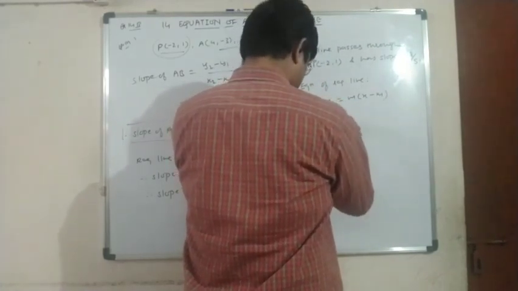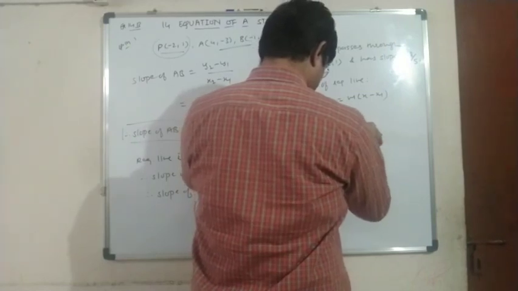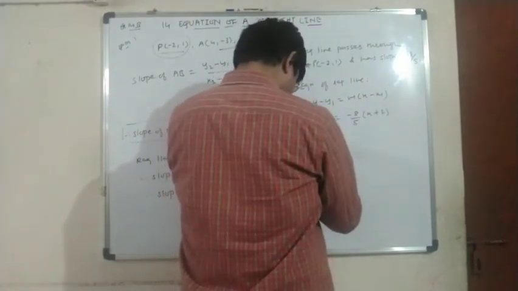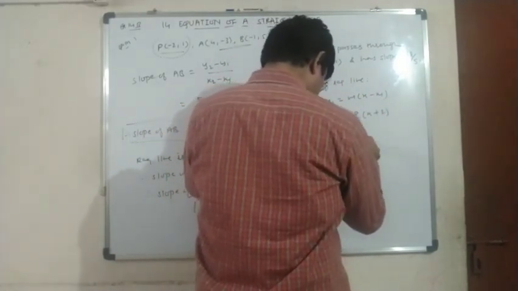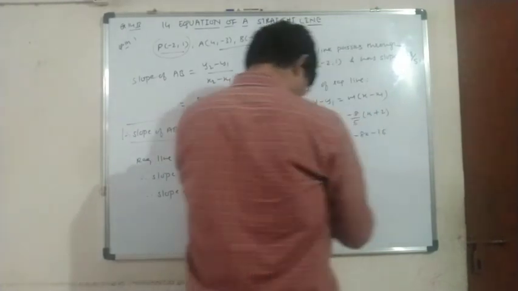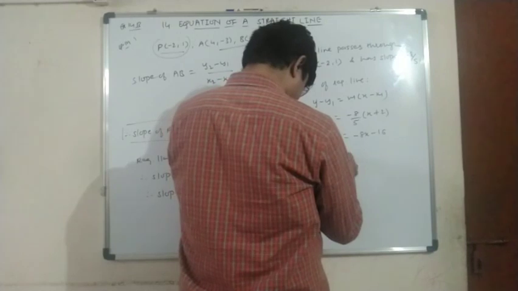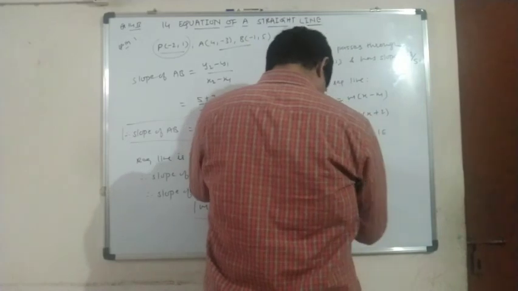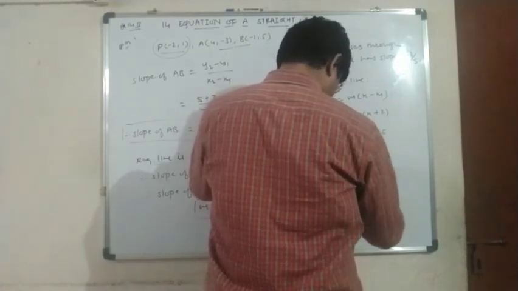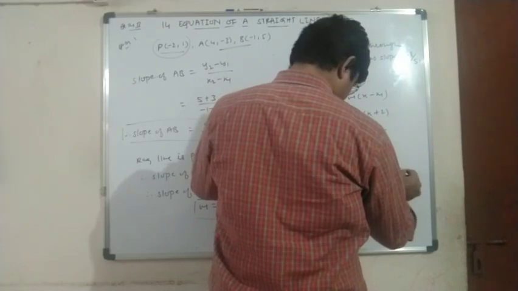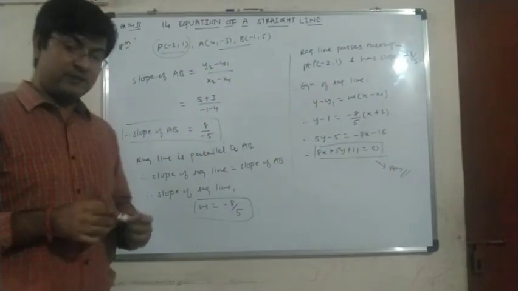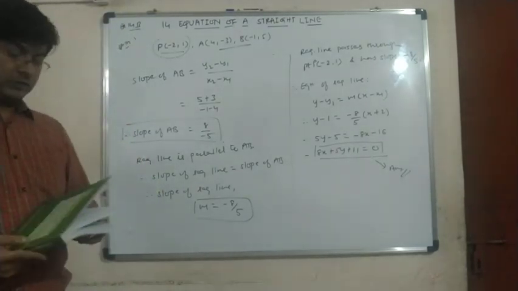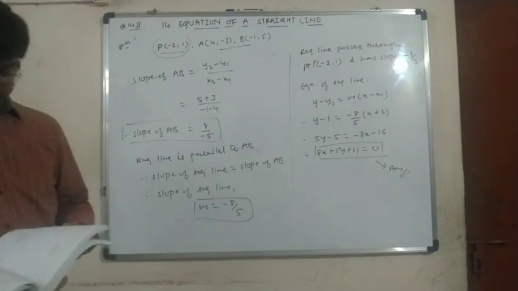Therefore y minus 1 is equal to minus 8 upon 5 into x plus 2. Therefore 5y minus 5 is equal to minus 8x minus 16. Therefore 8x plus 5y plus 11 is equal to 0. This is the equation of the required line. So this is question number 14 we solved.